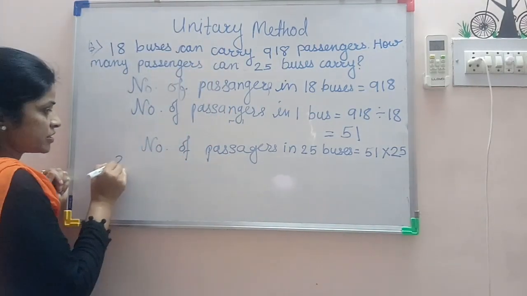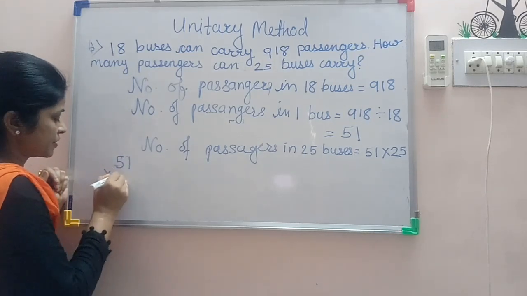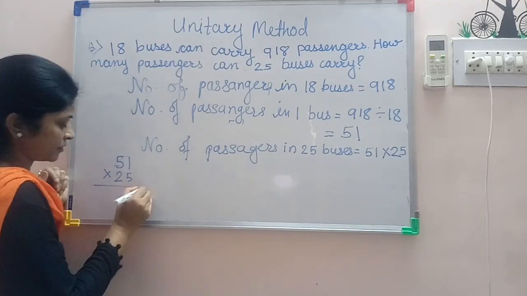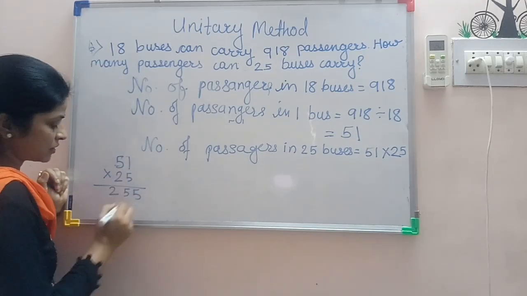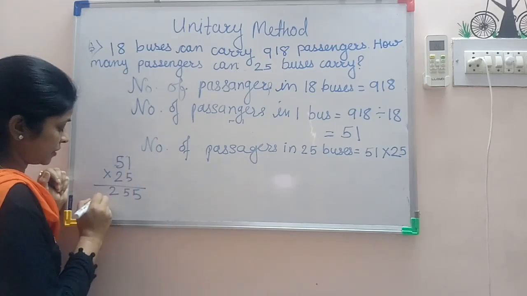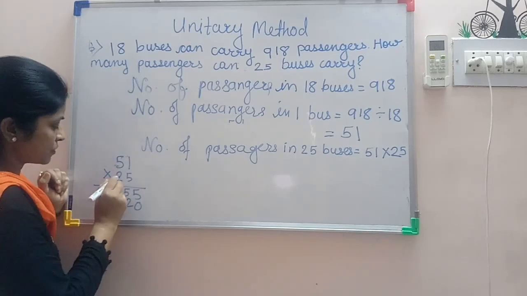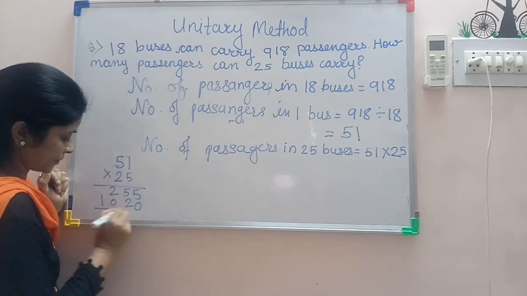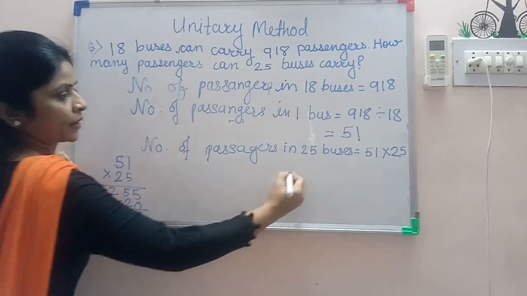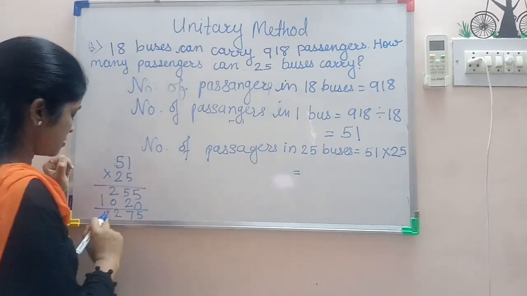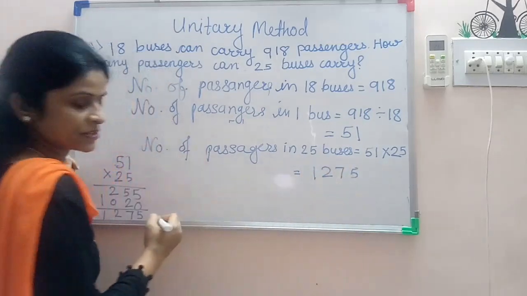51 multiplied by 25. 5 1s are 5. 5 5s are 25. Now with 20 we will put 0. 2 1s are 2. 2 5s are 10. So there are 1275 passengers.